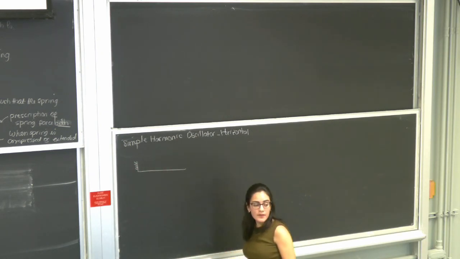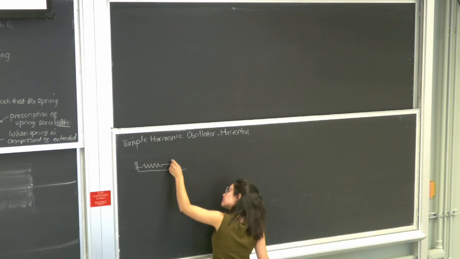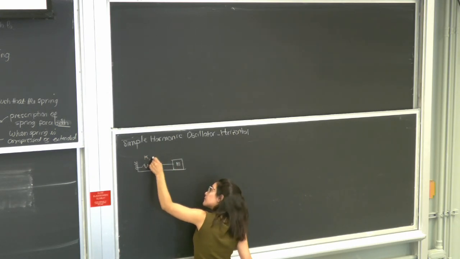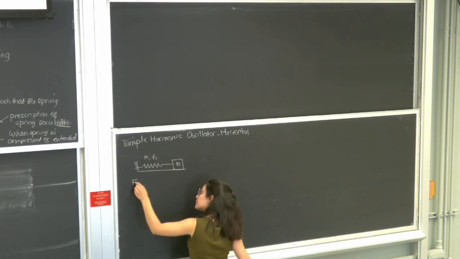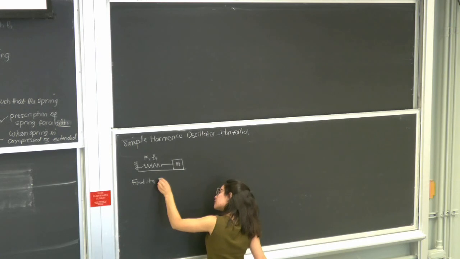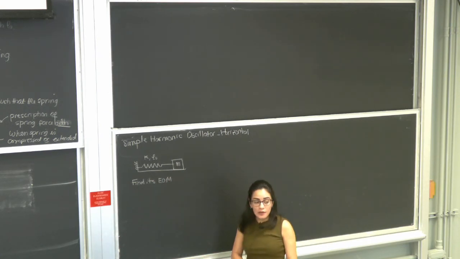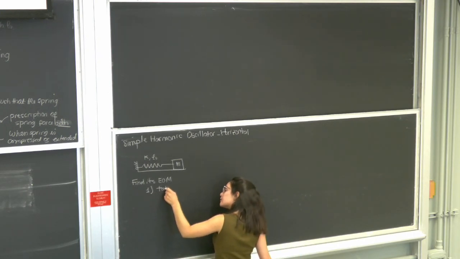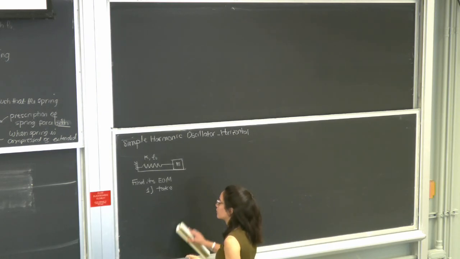So the same problem, the simple harmonic oscillator. I need to get its equations of motion. Okay, and I'm going to consider two cases. First, I'm going to take the origin here.